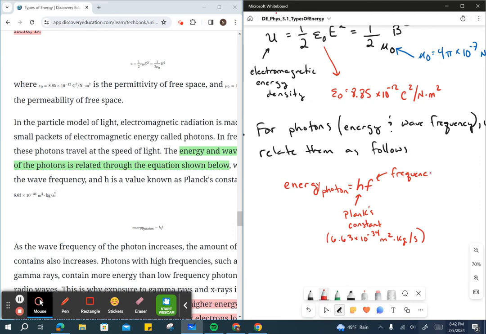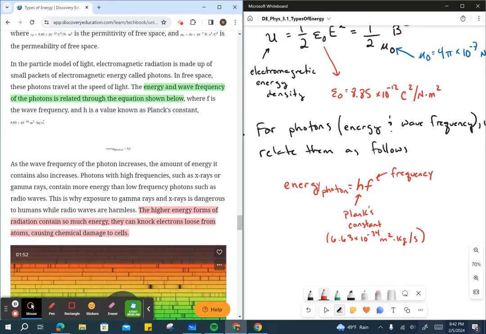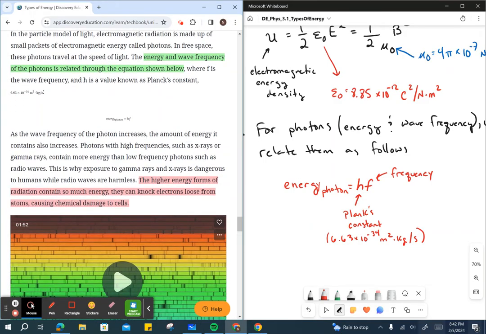Going to the next paragraph: as the wave frequency of a photon increases, the amount of energy it contains also increases. This is interesting. The higher energy forms of radiation contain so much energy. Why is X-ray so bad for you, and gamma rays? Because they can knock electrons out of their orbits. They have that much energy.